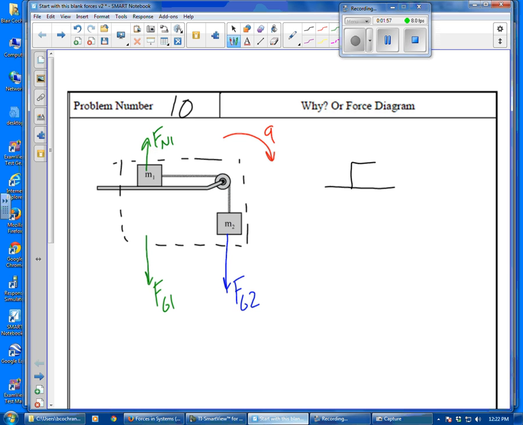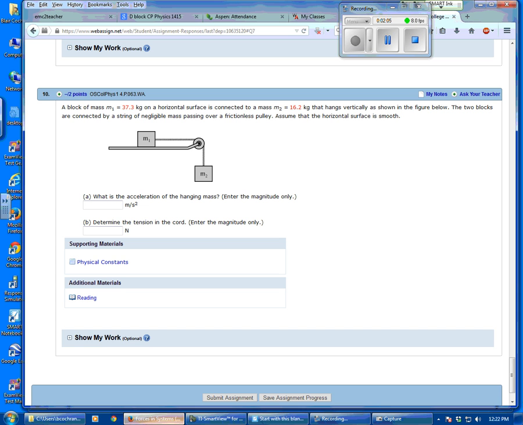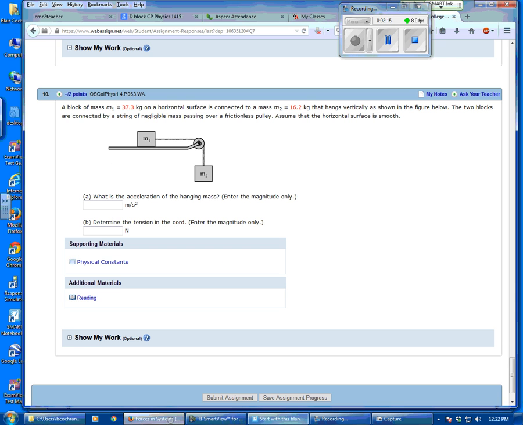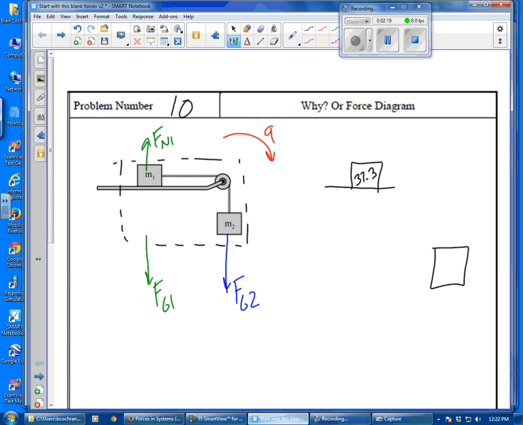Then doing block number 1, and over here we'll do number 2. Mass of 1 is 37.3, so I'm going to write that in here, just to make my life easier. And the mass of number 2, 16.2.